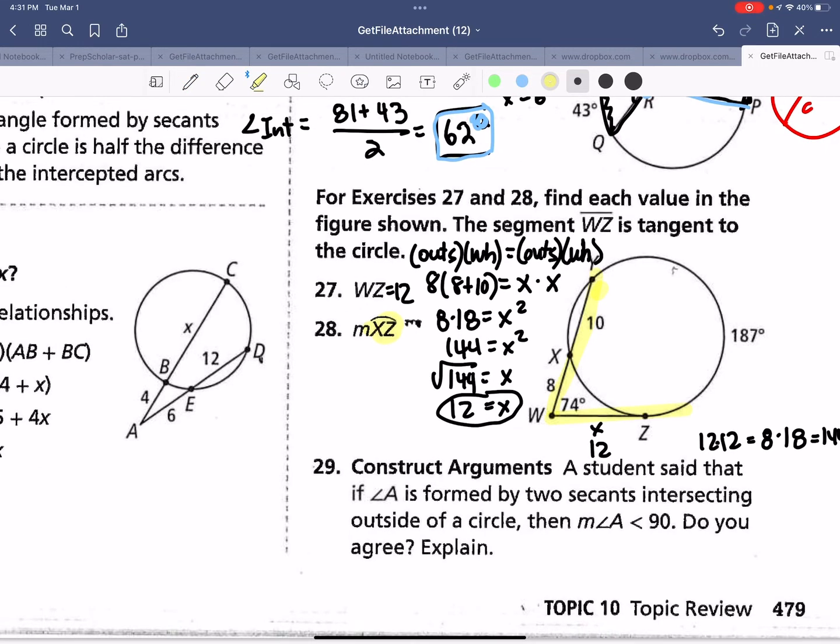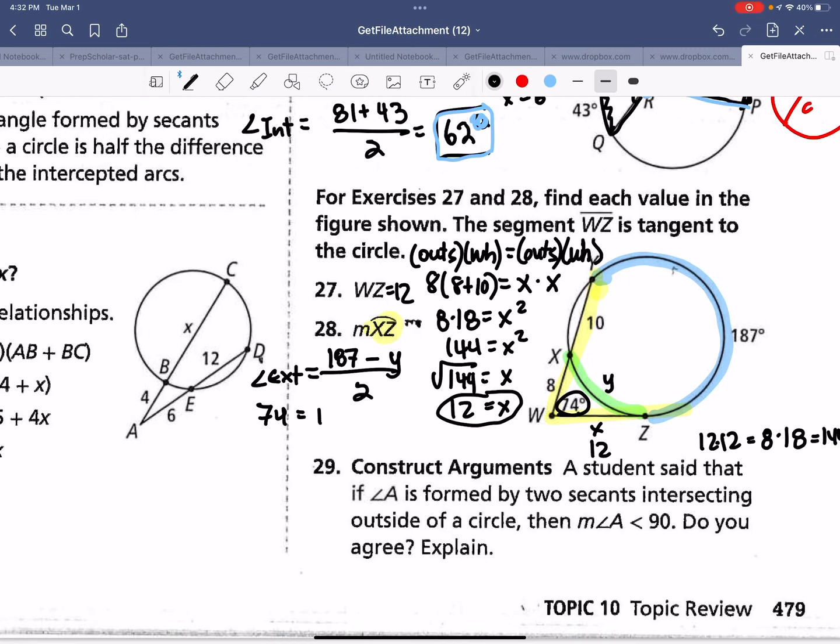It created a big arc, and it created a little arc. To solve for that exterior angle, I have to take the big arc, 187, minus the little arc, which I don't think they gave me. So I'm going to call that y. I don't know what it is. And then I divide by 2, and then I get this angle, 74.